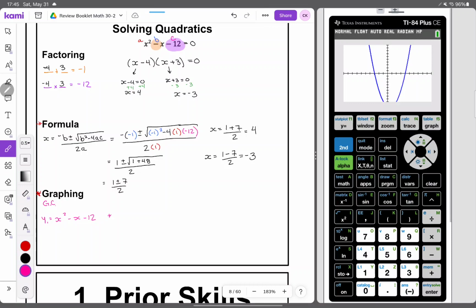So for your window, you need to see the x-intercepts. Remember, if you need to change those, you just go into Window.